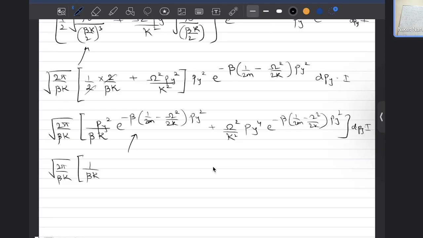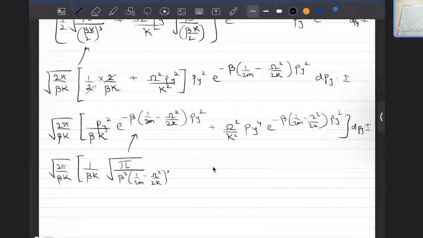Okay, so square root of pi again divided by c cube, but the c here is different this time. It's beta times 1 by 2m minus omega square by 2 kappa, whole cube.